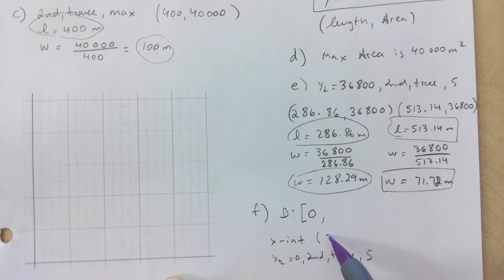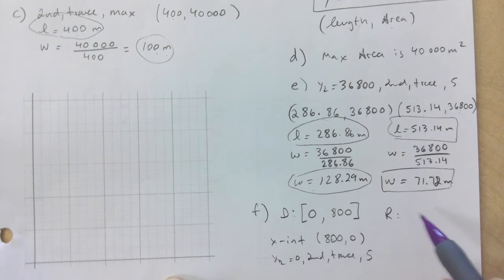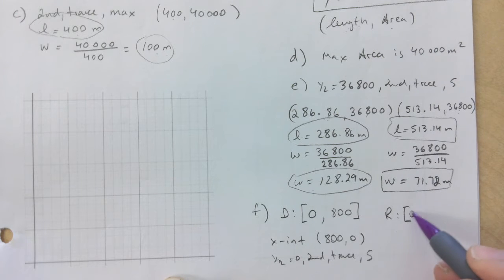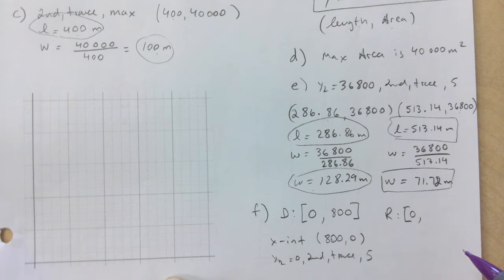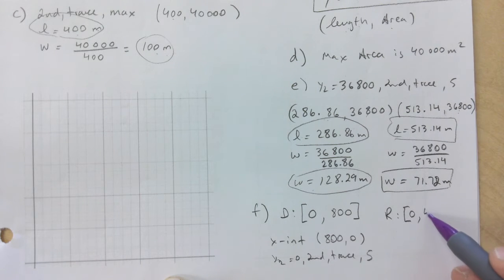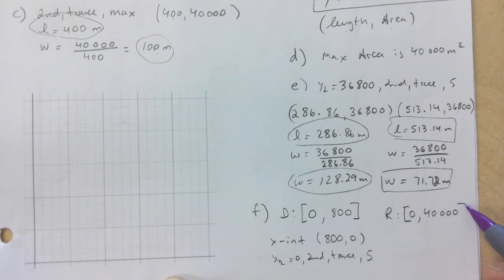And the x-intercept is 800, 0. Okay? So 800 is the maximum x value. For the range, you're talking area here. This would be 0 to the maximum area, which is 40,000. That's your domain and range.